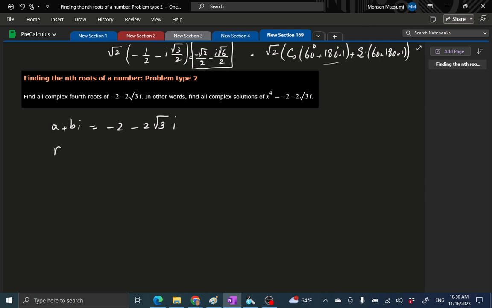What is the r of this? r comes from this formula, so r squared is minus 2 squared plus minus 2 radical 3 squared, so 4 plus 4 times 3, 12, 16, so r becomes 4. n is obviously 4.